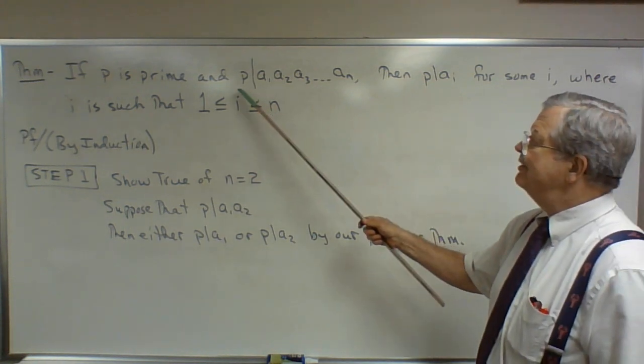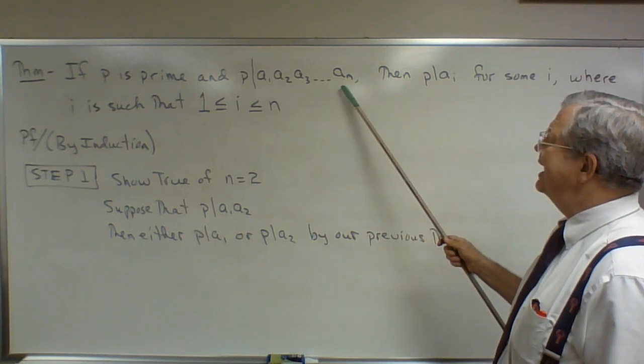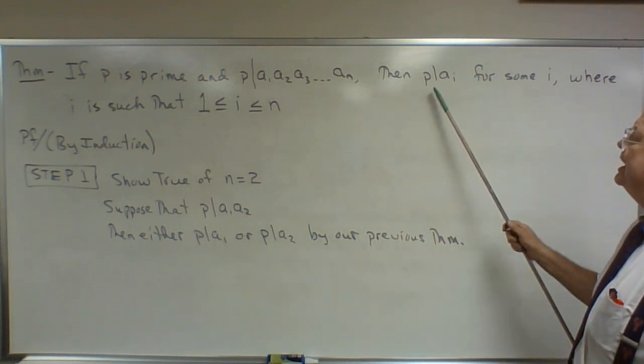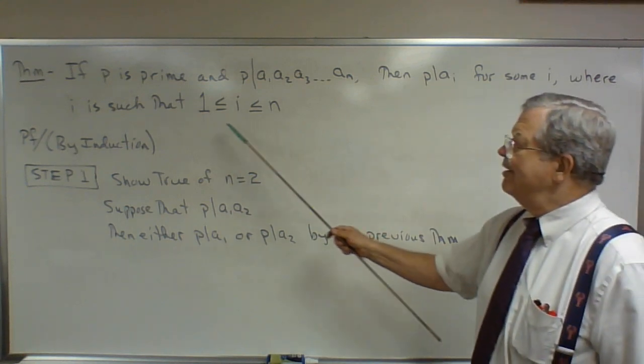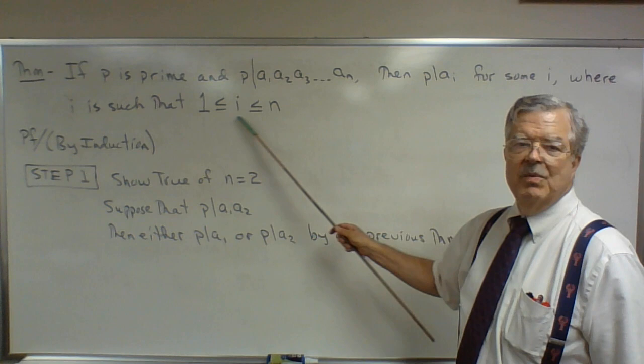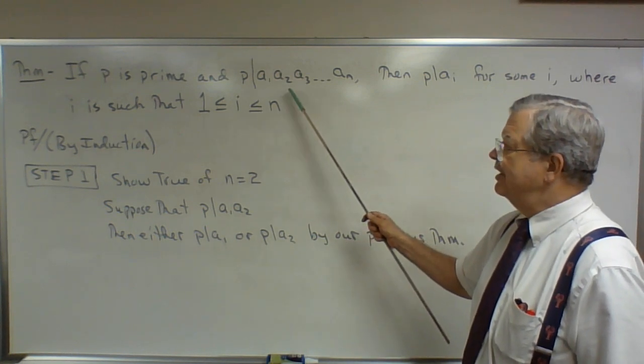If P divides the product of integers a1, a2, a3, to an, then P has to divide a sub I, where I is between 1 and n. P has to divide one of these guys.